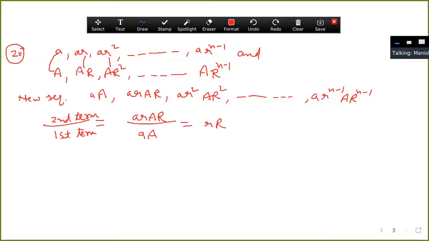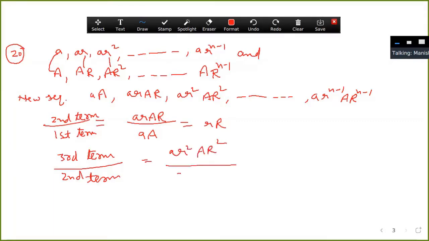When you divide the third term by the second term, it means ar square, capital AR square upon small ar, capital AR. What you will get?